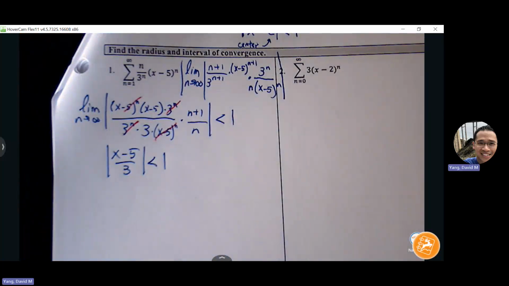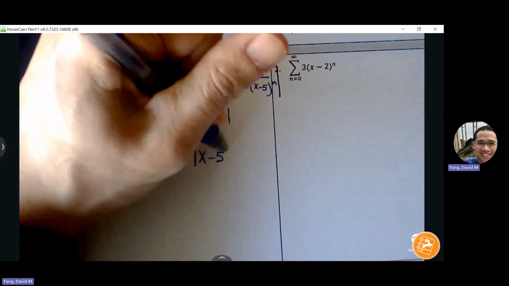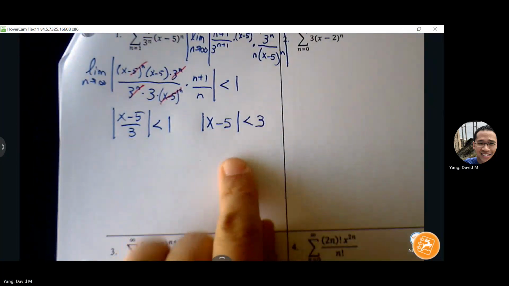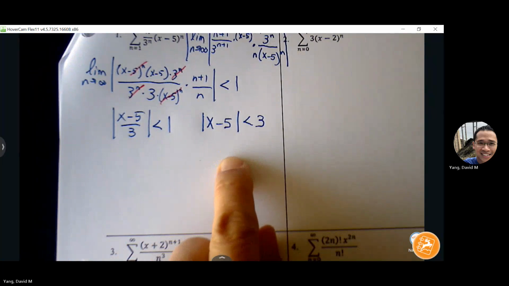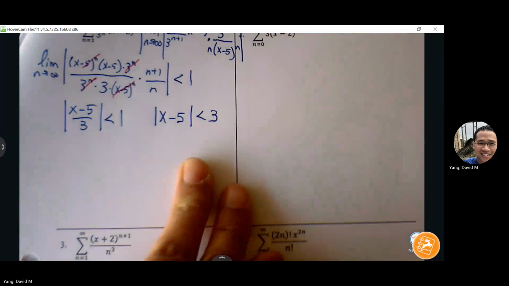So we know this is going to be a nice interval here. We can bring that 3 over to the right side, so this is the absolute value of x minus 5 is less than 3. My center is what? My center is 5, and my radius is 3.